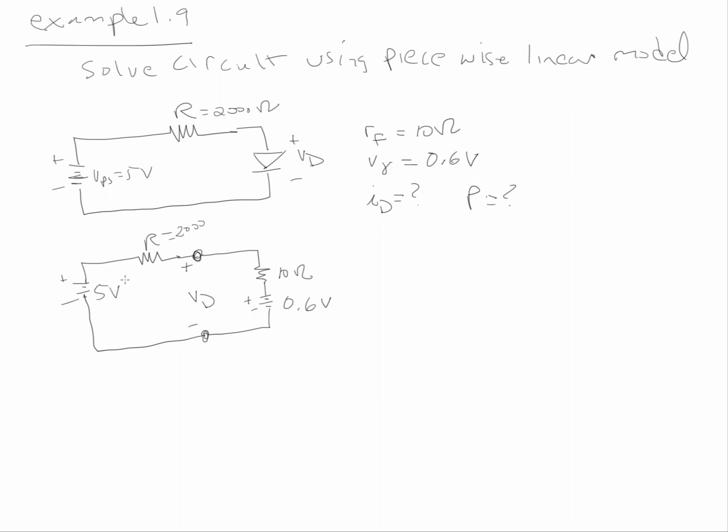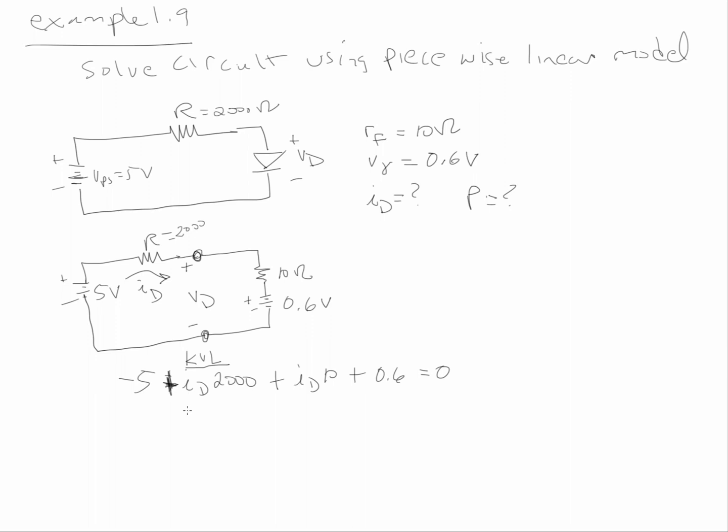We want to know what ID is for this. And so you just do KVL at this point. Minus 5 plus ID times 2000 plus ID times 10 plus 0.6 is equal to 0. So this is KVL, Kirchhoff's voltage law.